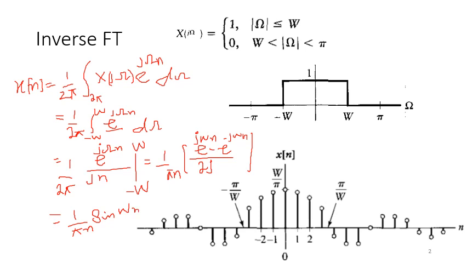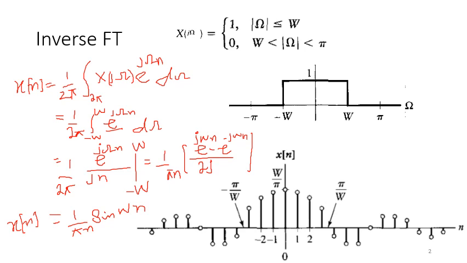So this is a sinc function, and it has its maximum value when n equals 0, because if you replace n by 0 in this x of n, you get a 0 upon 0 form, so you use L'Hopital's rule and you can find this. So that's all for the numerical on the inverse Fourier transform.